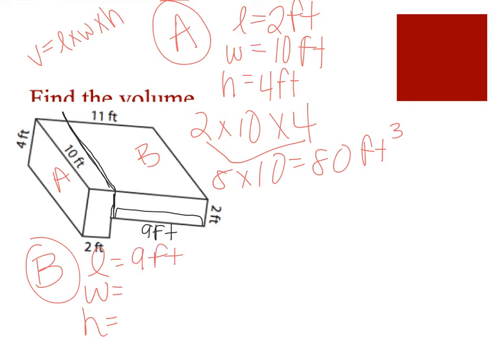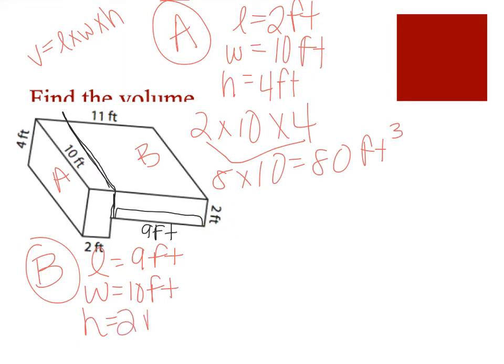My width is going to be how wide the figure is, so the width is right here. And so we can see that on figure A, the width on this side was 10 feet. The width is going to be the same thing on both sides here. So the width is 10 feet. And the height is right here, and that is 2 feet.